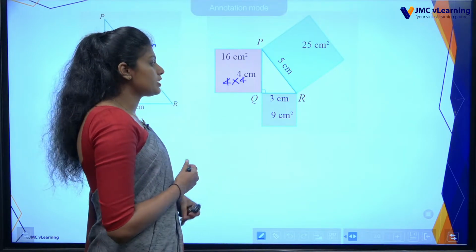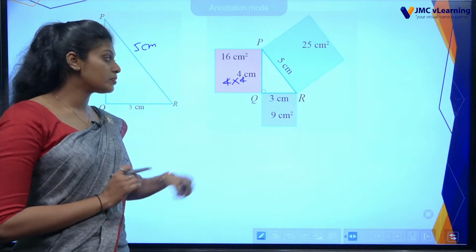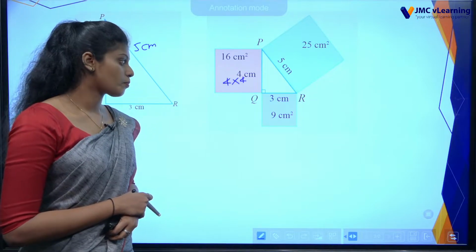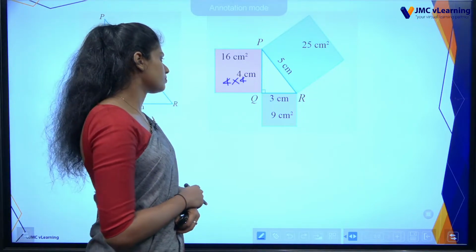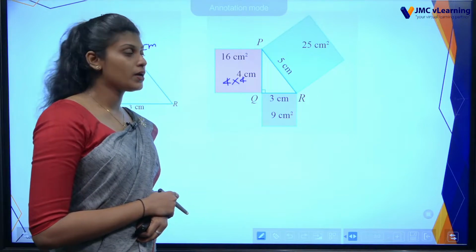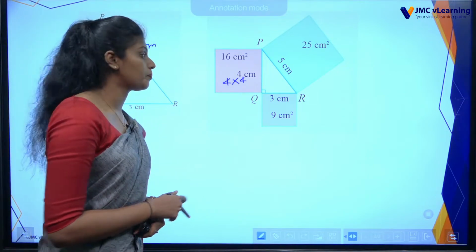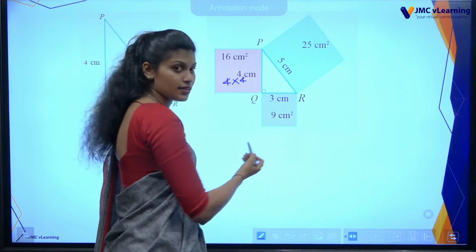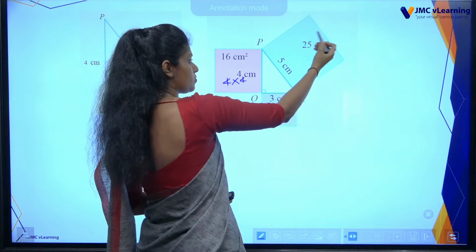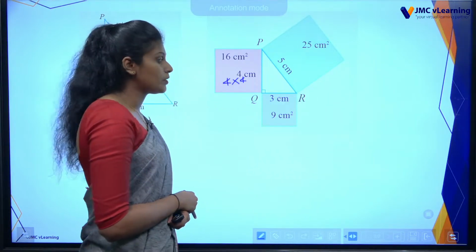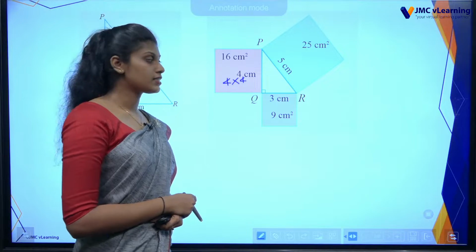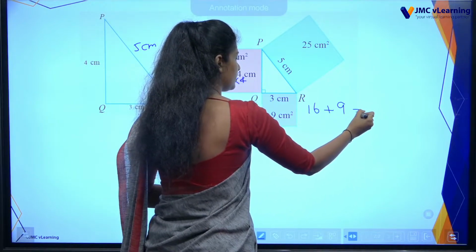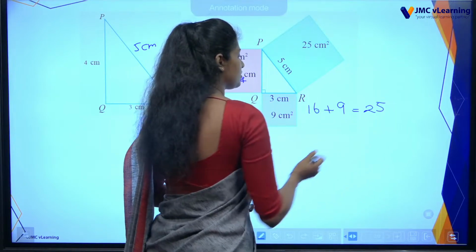So now tell me, is there any relationship between the areas of each square? Now look at the picture. What is the relationship between these areas? This one is 16 cm squared, this one is 9 cm squared and this one is 25 cm squared. So what is the relationship? When you add 16 and 9, it is equal to 25.